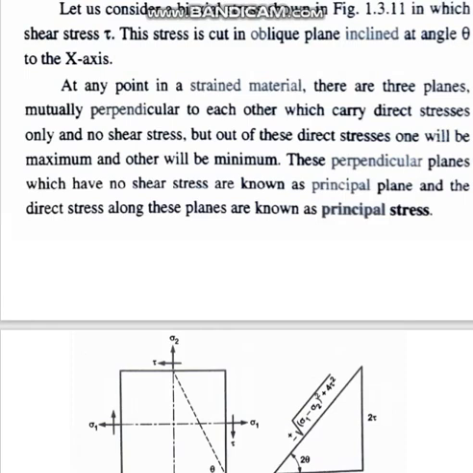At any point in the strained material, there are three planes mutually perpendicular to each other which carry direct stresses only and no shear stress. Out of these direct stresses, one will be maximum and the other will be minimum. These perpendicular planes which have no shear stresses are known as principal planes, and the direct stresses along these planes are known as principal stresses.